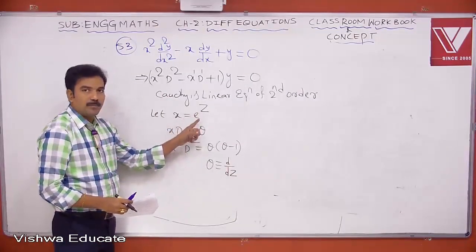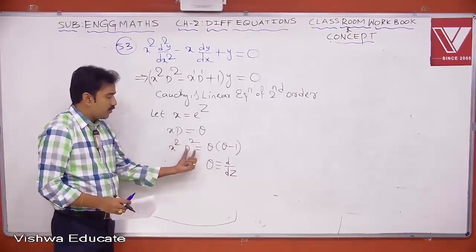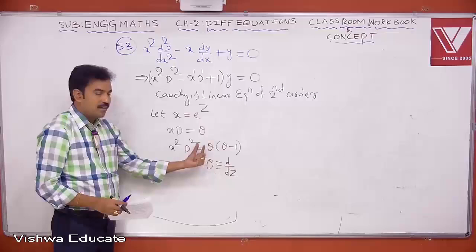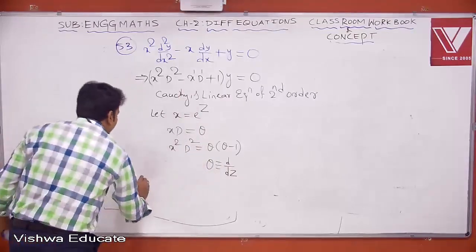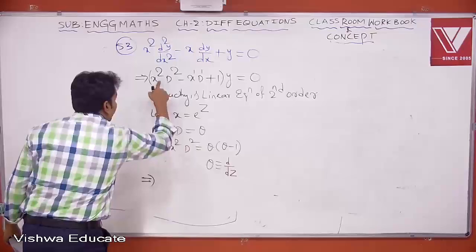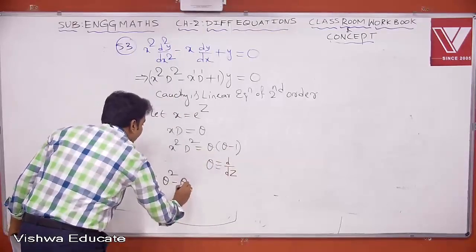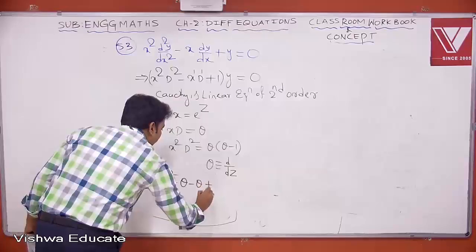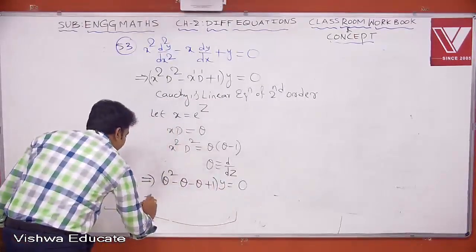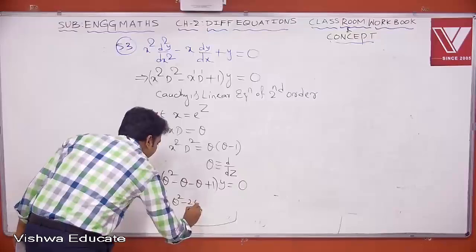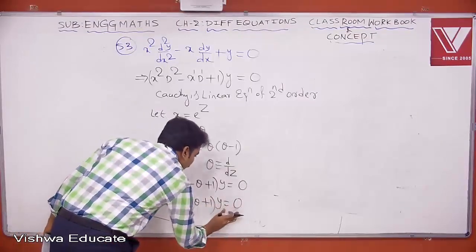Now let us substitute these values in this equation. So x square d square is theta into theta minus 1, that is theta square minus theta, plus 1 of y equal to 0. So this implies theta square minus 2 theta plus 1 of y equal to 0.